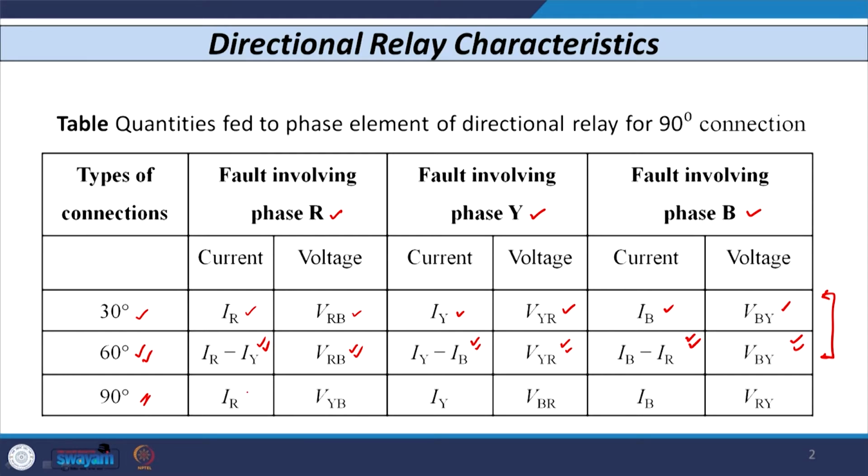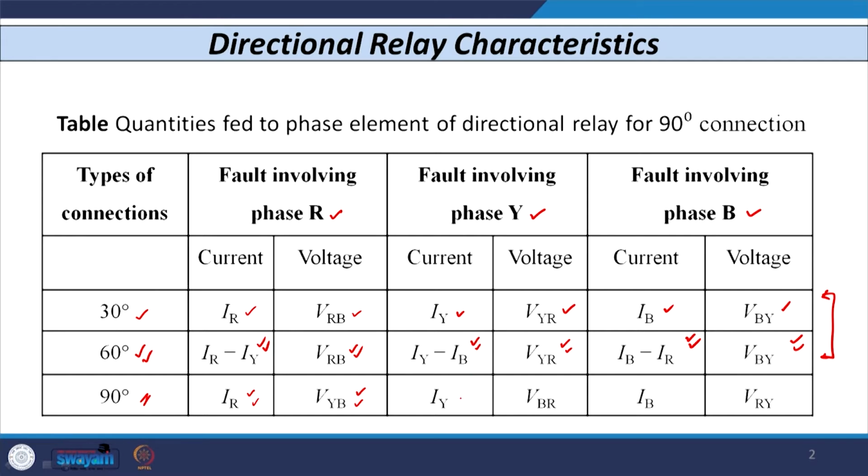So, for R phase they have to give IR current, and for the voltage they have to give VYB. Here you can assume that if the fault is in R phase, then we have to give the IR phase current, since the magnitude of current is very high in R phase, and for voltage we have to give the other two phases, not including R. So, we have to give the Y and B phase voltage.